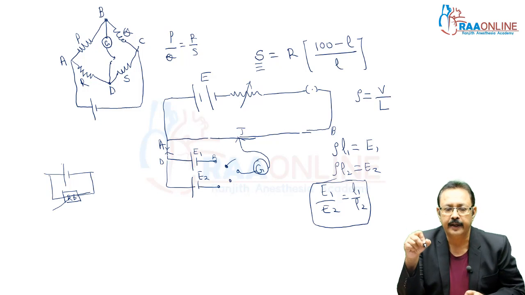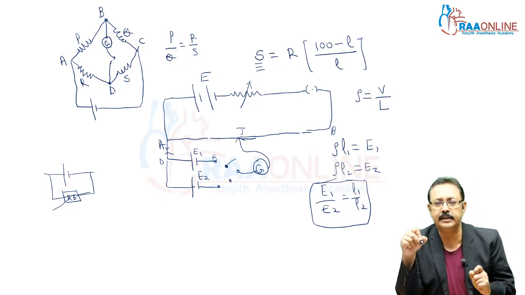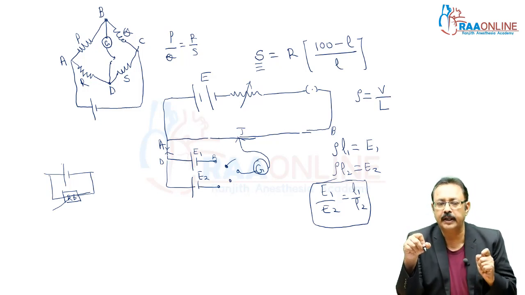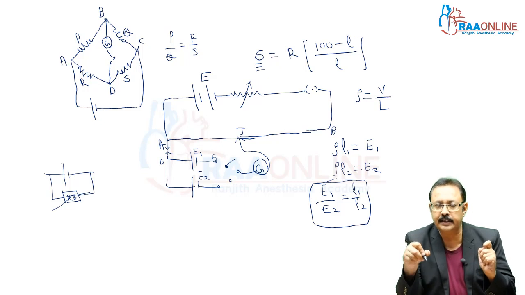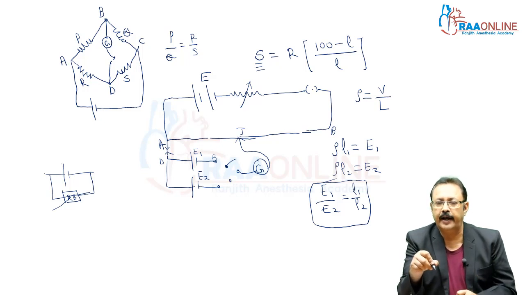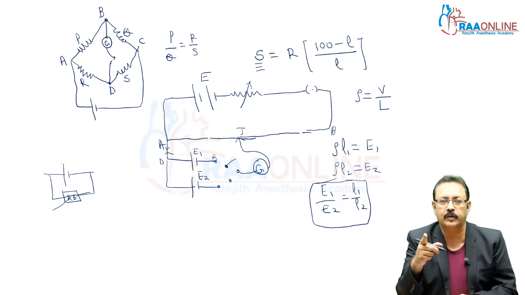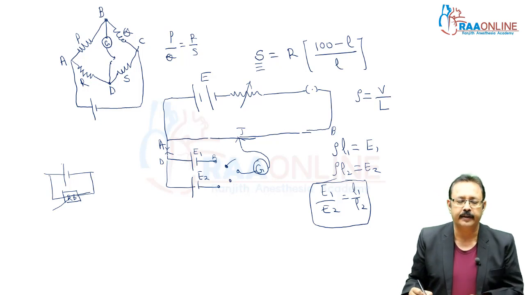It means resistance is infinite in this part, so the cell cannot send current in its own circuit, and if the null point is there, the cell is not sending current in that part either. So the cell is in open circuit, and we find that balancing length.